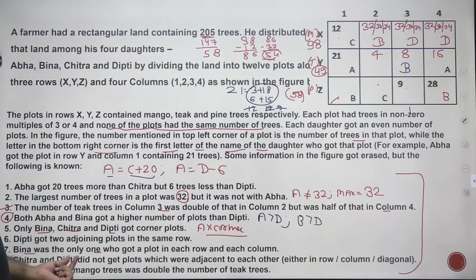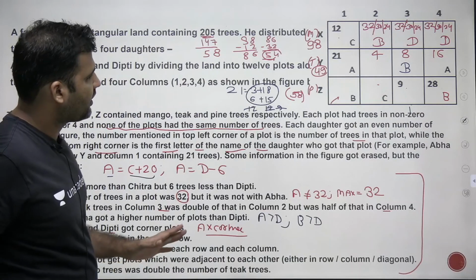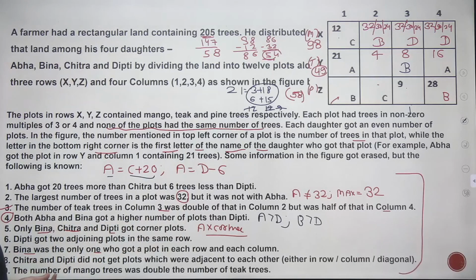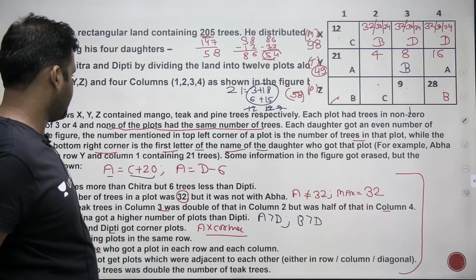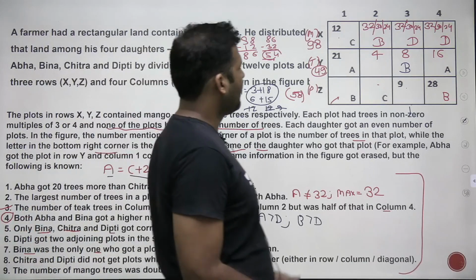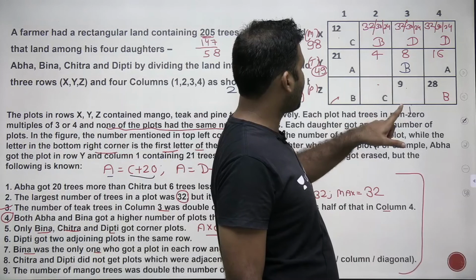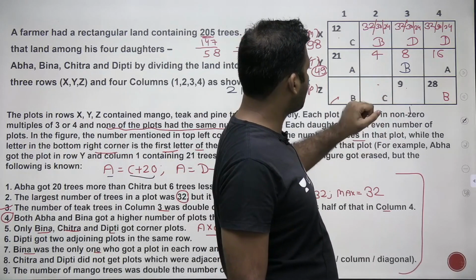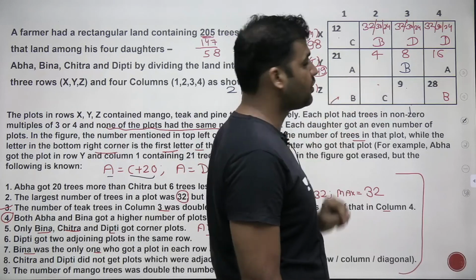Chitra and Dipti did not get plots which were adjacent to each other. The number of mango trees was double. We have used this information. Now this value cannot be assigned to D, right? This value cannot be assigned to C also. Why?